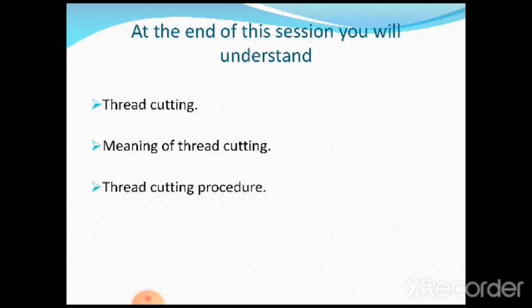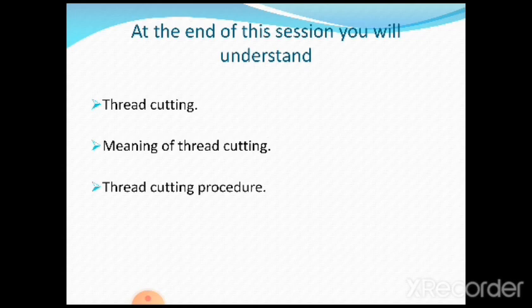All of you know very well that if we want to join any two metals or sheet metals, whenever there is a requirement of joining the materials, we go for various methods like using bolts, screws, or riveting.